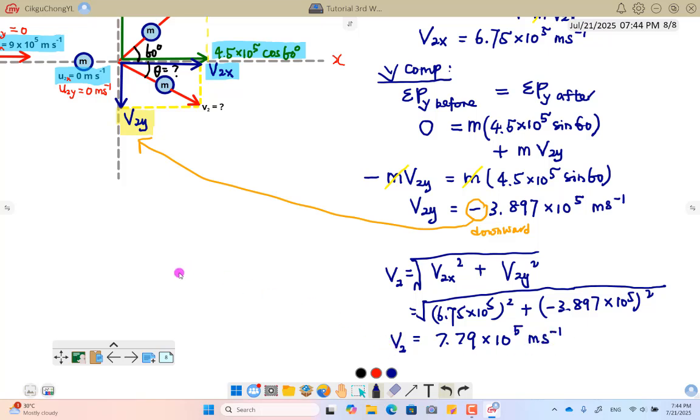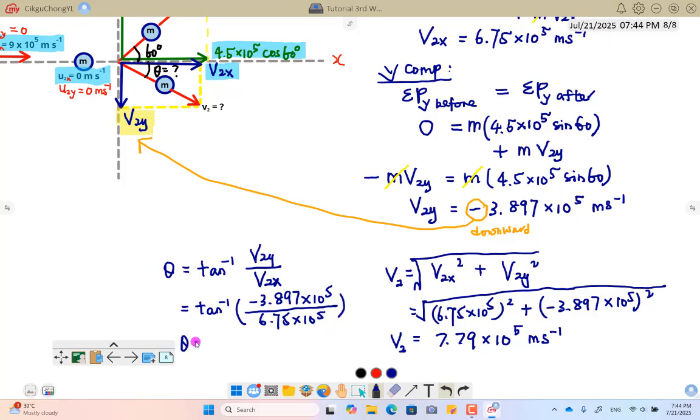How about the angle, the direction? The angle theta, the direction for the second proton after collision, can be determined using shift tangent of v2y over v2x. So I have shift tangent of negative 3.897 to the power of 5 over 6.75 to the power of 5.